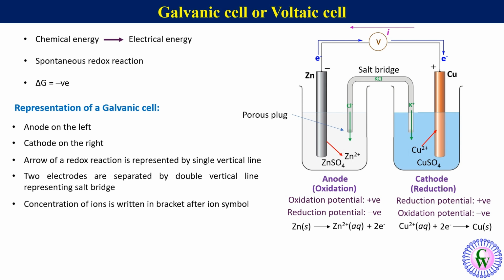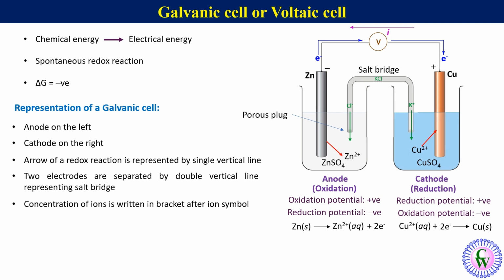So, if we have to represent this galvanic cell we have just discussed, then we will write reaction on the anode on the left side, where we will replace arrow by a vertical line and we will not include electrons.